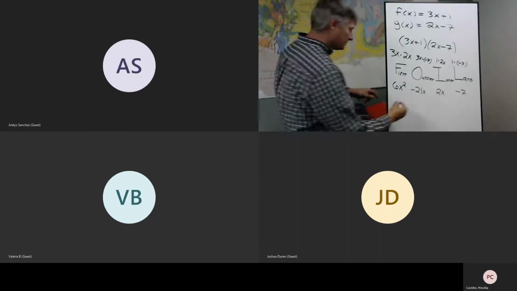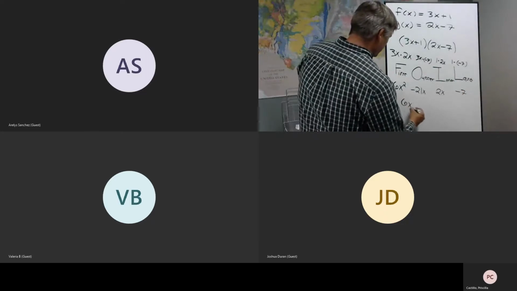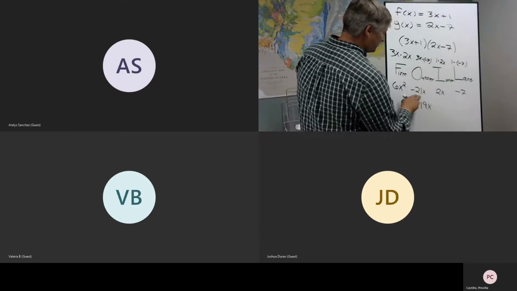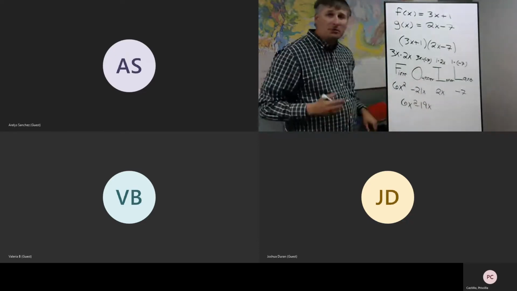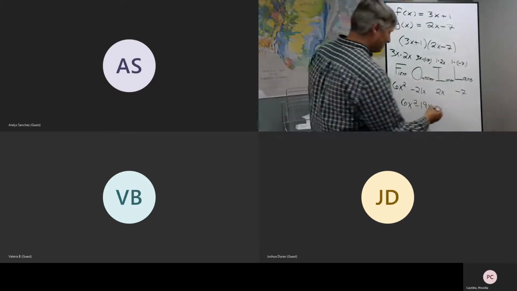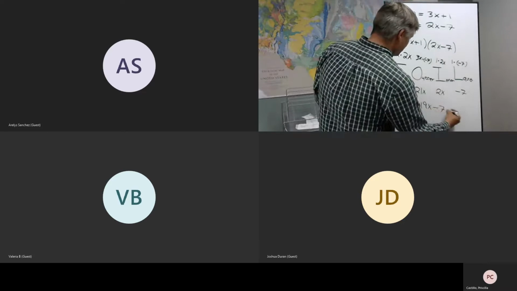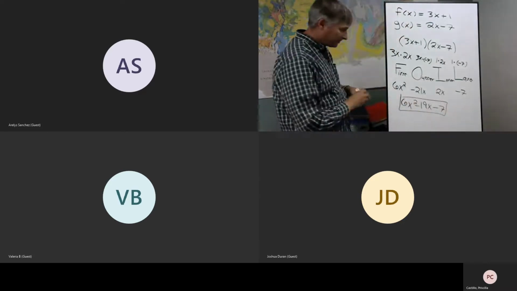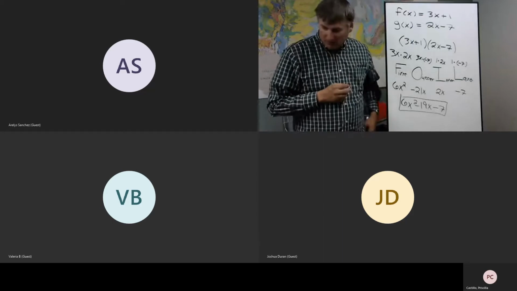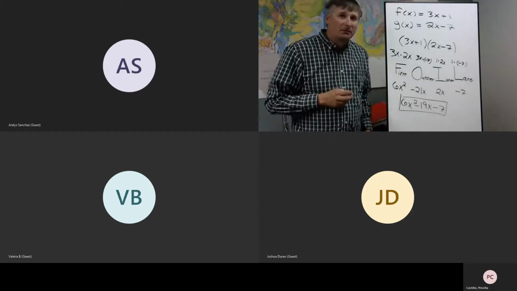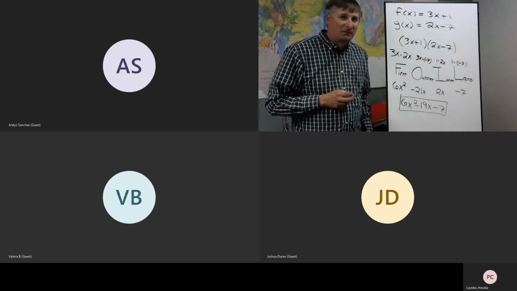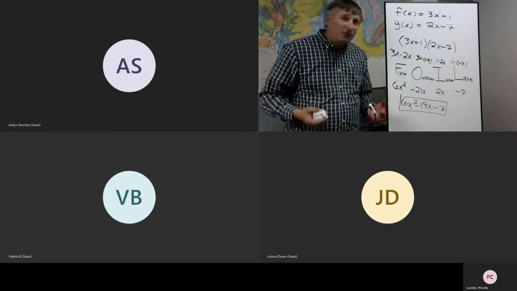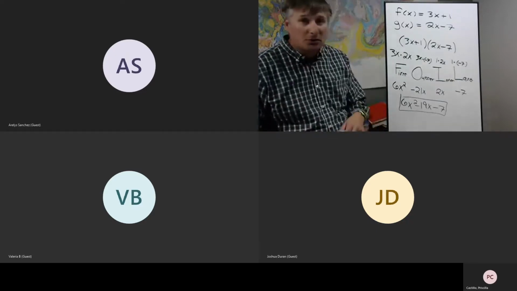Now I combine terms. 6x squared minus 19x, negative 21, positive 2, adds up to negative 19, minus 7. Questions about that? So that's how FOIL works, and you'll see it used a lot.